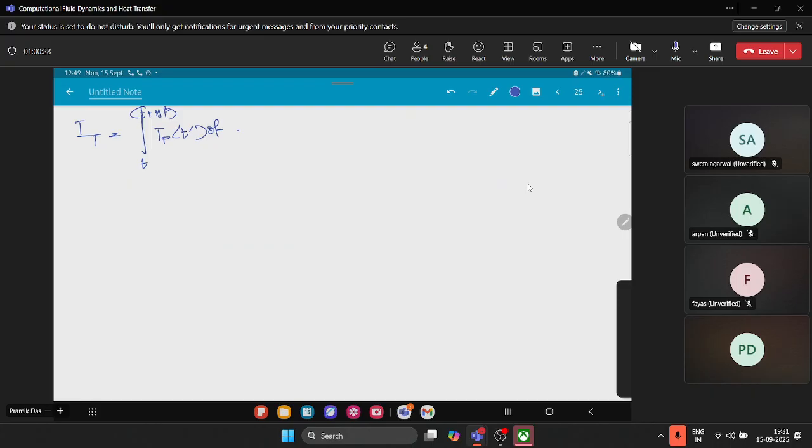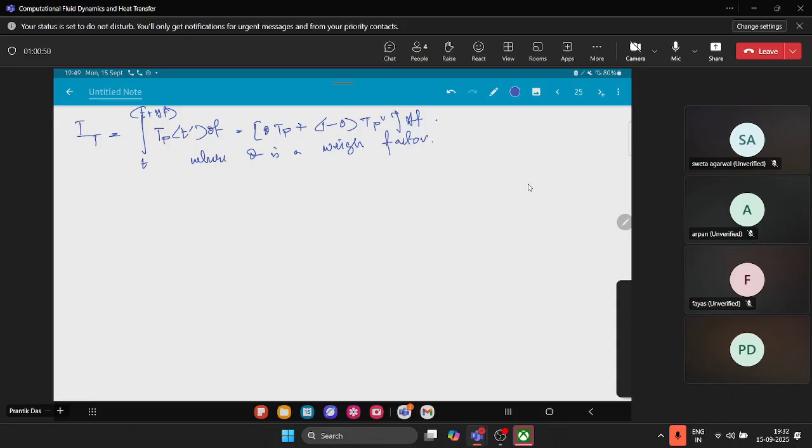So this integral of Tp dt prime is basically equal to theta Tp plus (1 minus theta) Tp naught, multiplied by delta t, where theta is a weight factor, which is user defined. You can make it a dynamic one, or you can make it a constant. As of now, assume it to be a constant.